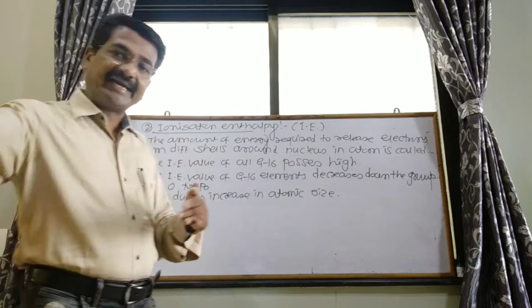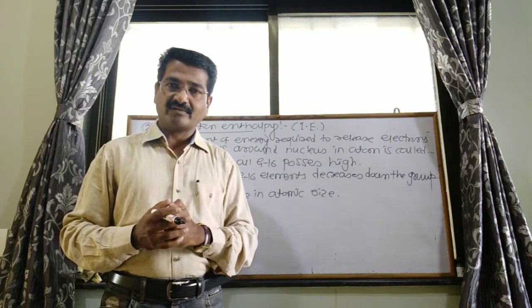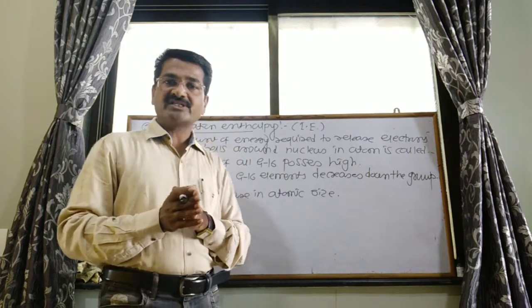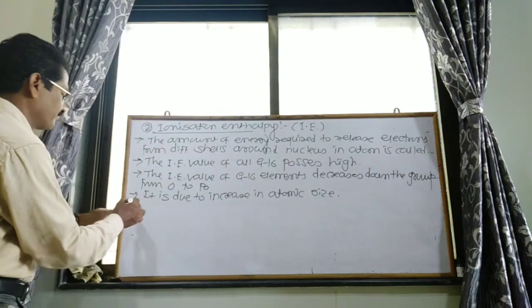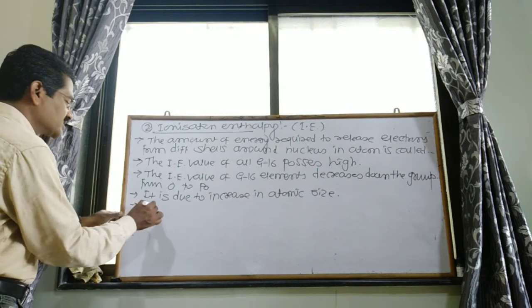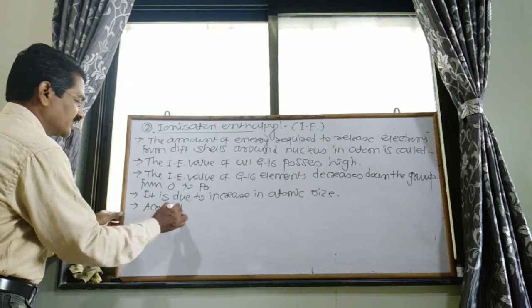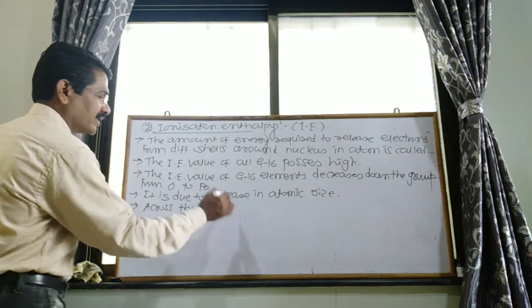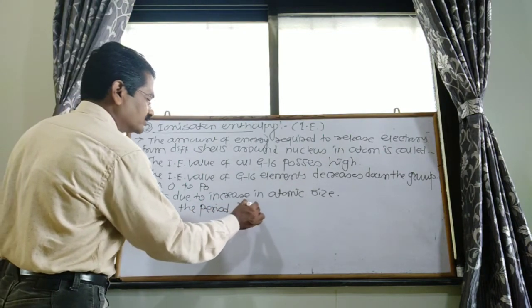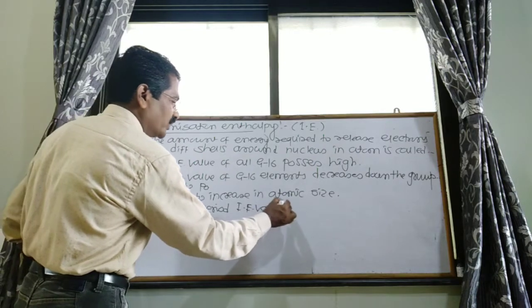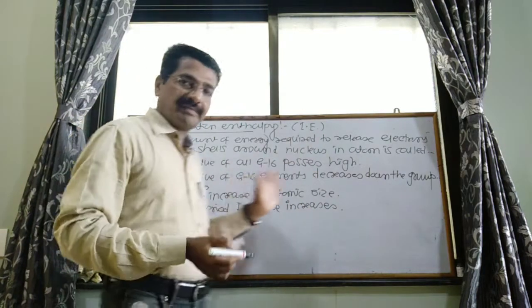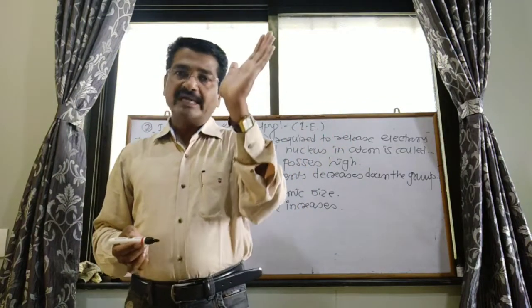But across the period, whenever we move from left to right along the period, ionization enthalpy increases. Across the period, IE value increases.